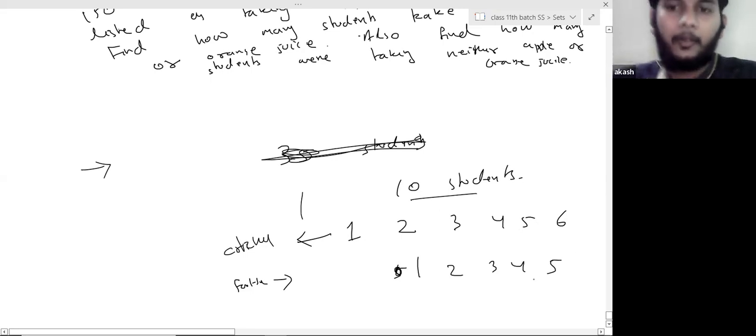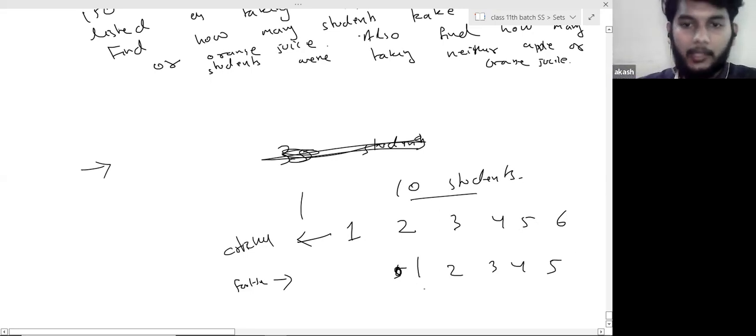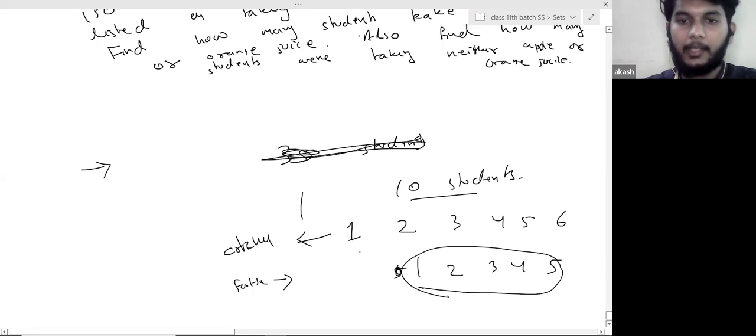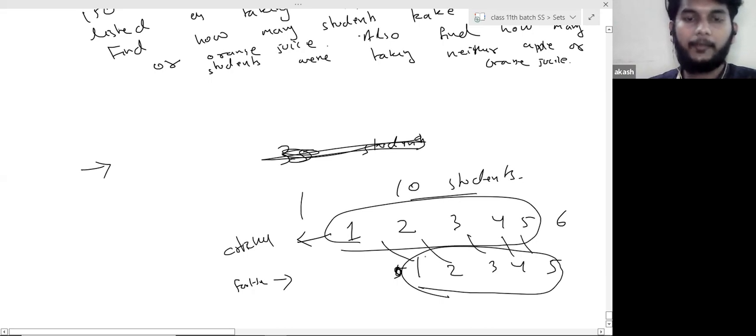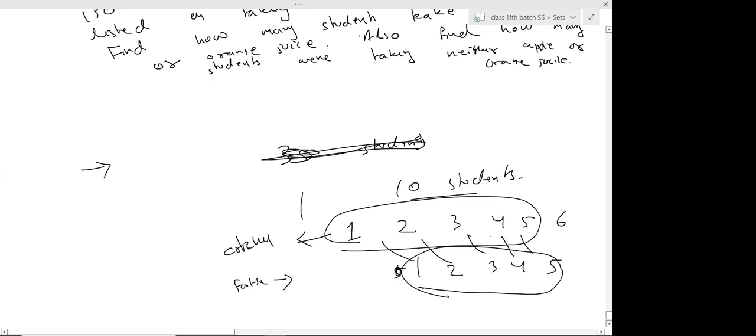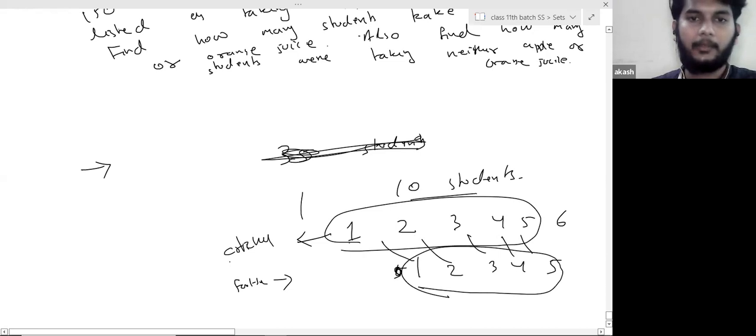But what if these 5 and these 5 are common? They are the same people. We did not say that 6 people play only cricket. We said 6 people play cricket, and we said 5 people play football. Maybe this is the condition that 5 of them play both.